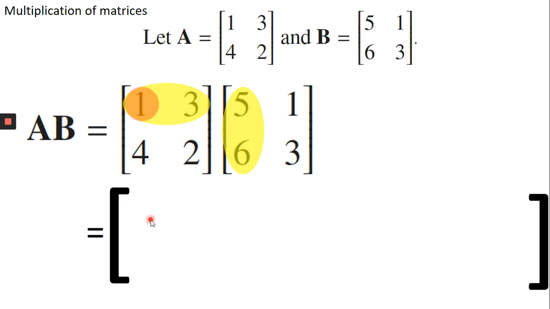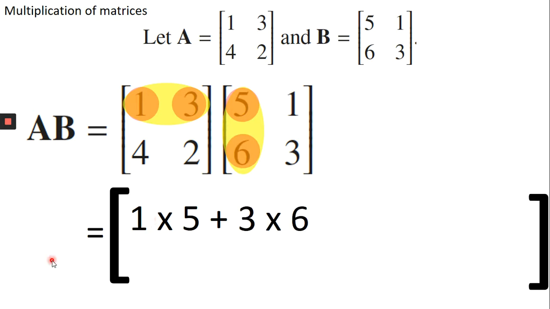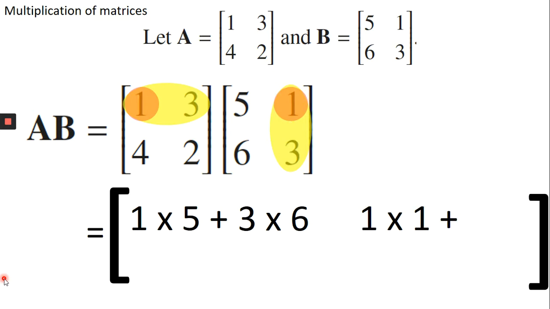So basically I do 1 times 5 plus 3 times 6. So 1 times 5, 3 times 6. Now I'm doing the top right. So you can see this is the top bit times by the right bit. And that's going to go in the top right hand section of the matrix. So it's 1 times 1, 3 times 3.